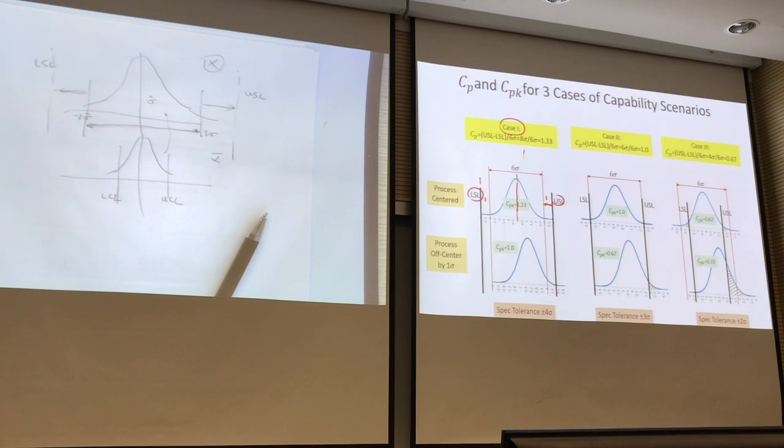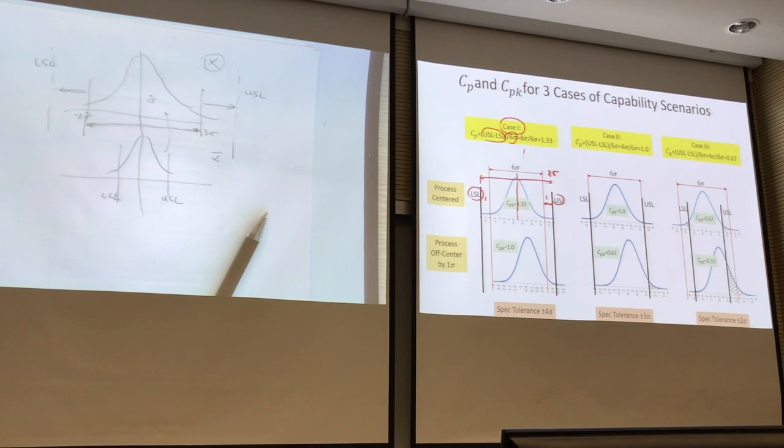So this one means the spec width is 8 sigma. If you calculate the CP, it is equal to 1.33, correct? And the guard band on either side is 1 sigma away. So in this case, it's very good. CP is equal to 1.33.